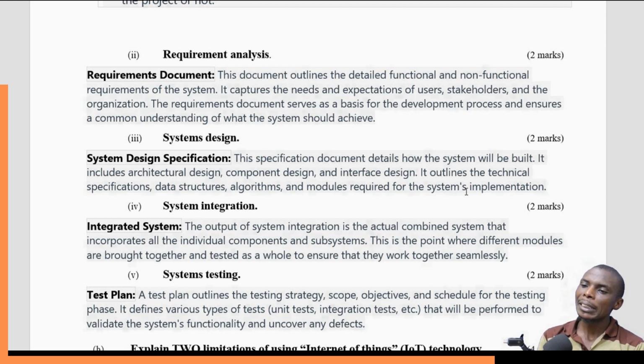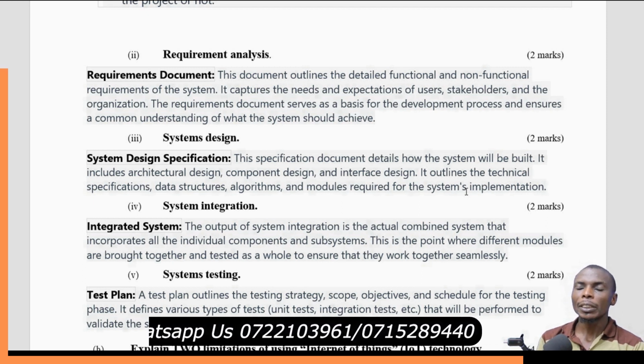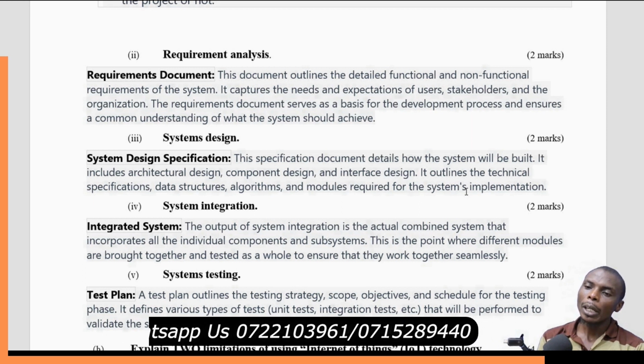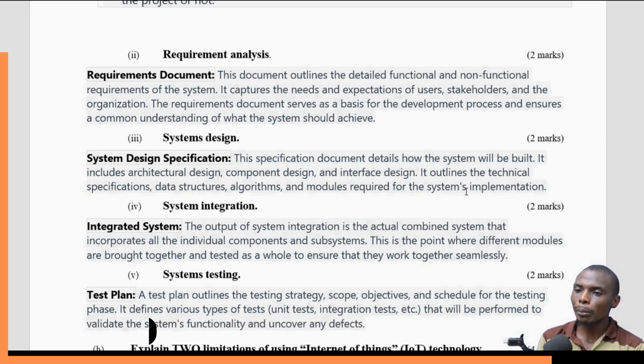And then we have what we call system testing. So system testing has as an output a test plan. So a test plan outlines the testing strategy, the scope, the objective, and the schedule for the testing phase. So testing, remember, is the phase where the various units that have been integrated into the system are tested to see if they are performing as expected, and meeting the objectives that were laid out earlier.